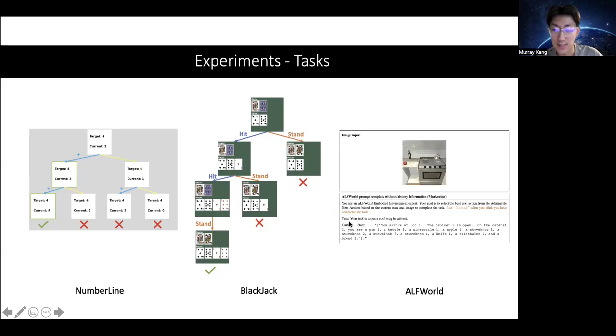So we have a task, for example, to put a cool mug on a countertop, and the input is an image that the model can see of the current state. And then we take an action from the action space, and the environment will give us the next state, until we reach the goal.